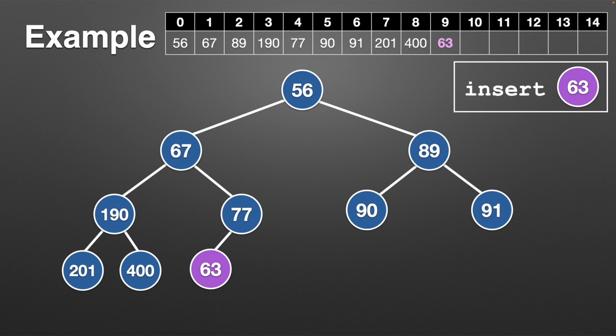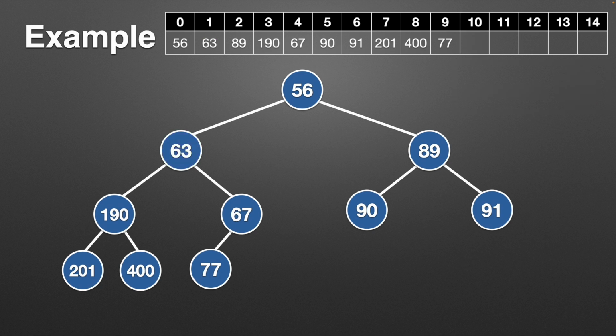And because it is, and this is a min heap, it needs to be above 77. So we do that swap. Then we go to its next parent, which is 67. And so since it's less than 67, we also need to do that swap. And then we go finally to its last parent, which is the root, and it's not less than 56. So that's where it stays. And that's the insertion. And same thing if you're doing like a max heap, just the opposite comparison. So the bigger one pushes up.